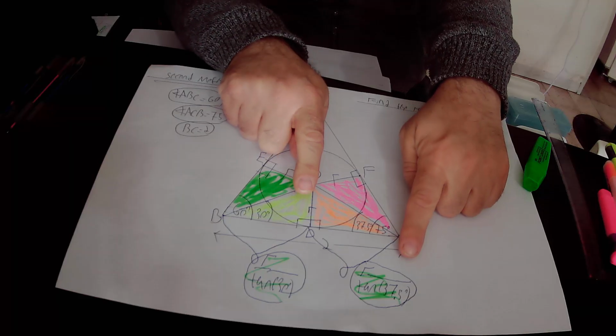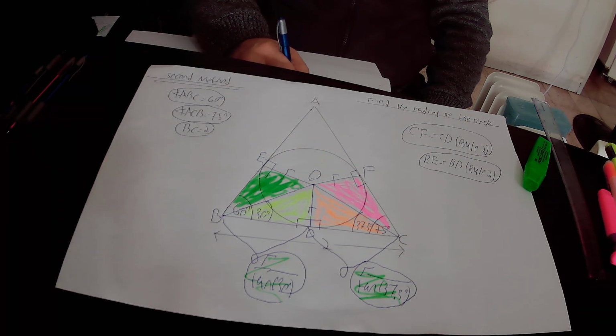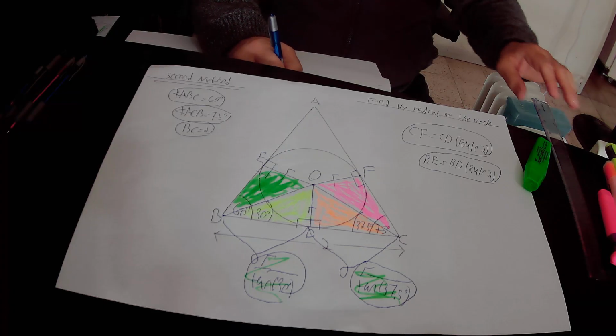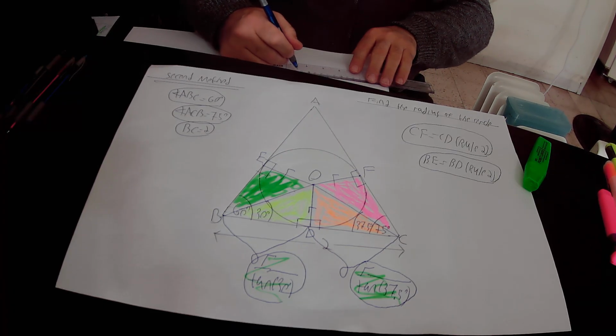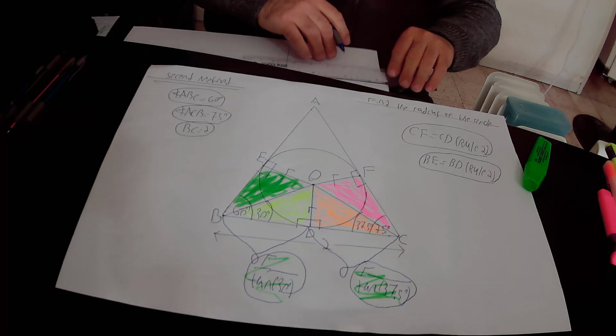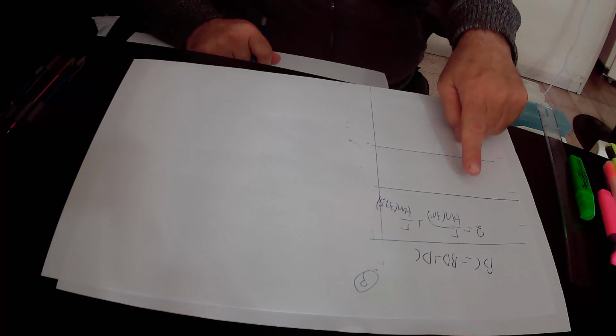DC equals R over tan 37.5 degrees. So we just found out that 2 equals R over tan 30 degrees plus R over tan 37.5 degrees.